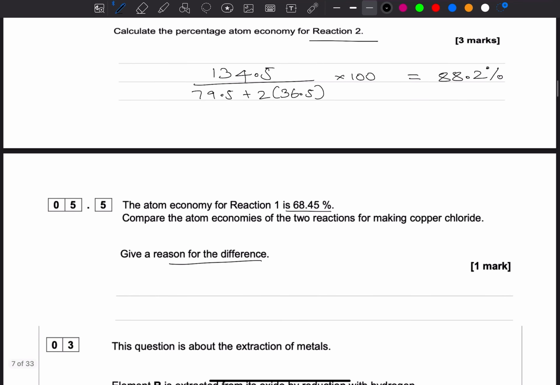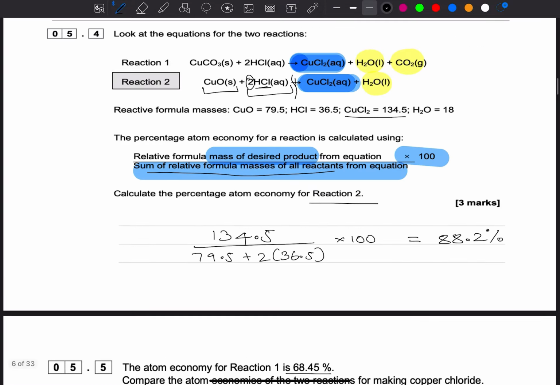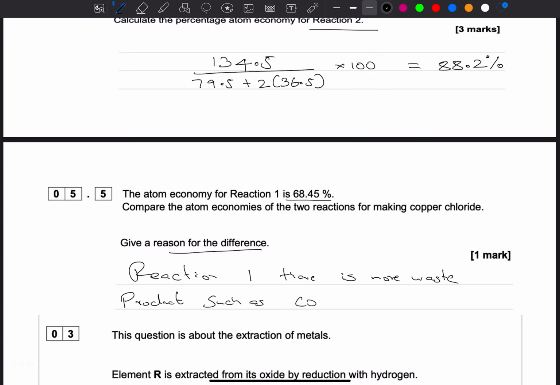So in reaction 1 there's more waste product such as CO2 and H2O.